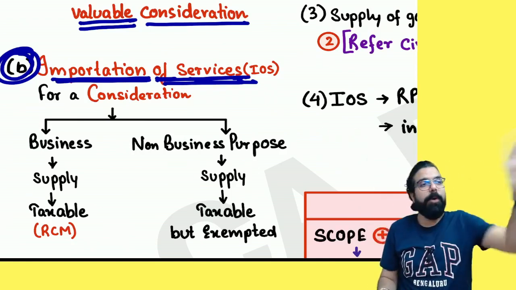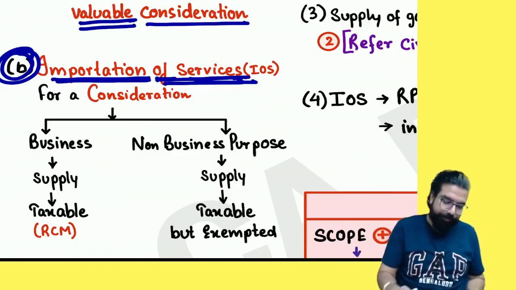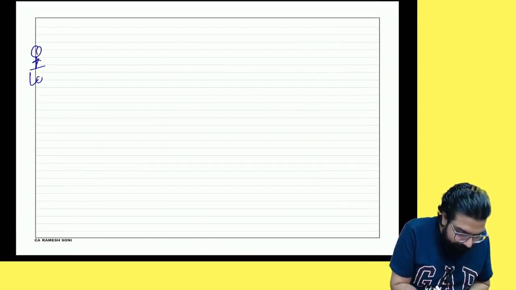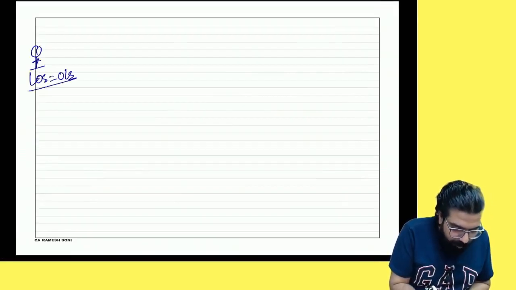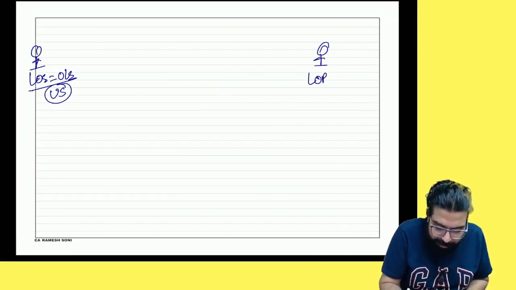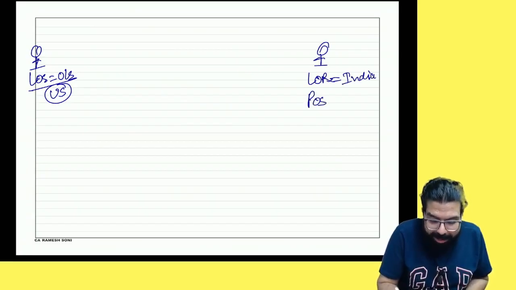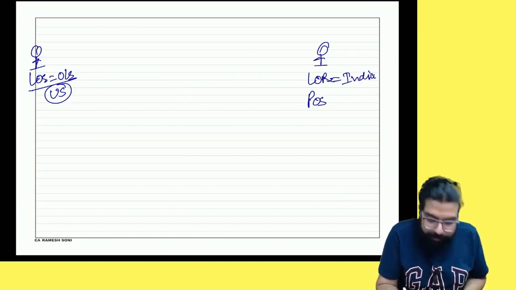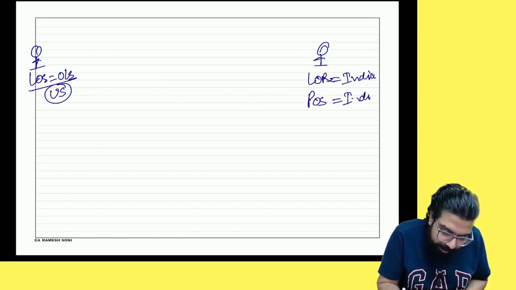What are the three things important for importation of service? Supplier should be outside India, for an example, US. Location of recipient should be in India. And place of supply where the service is given should be India.